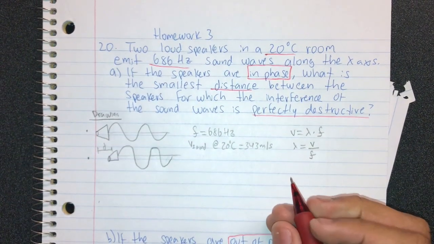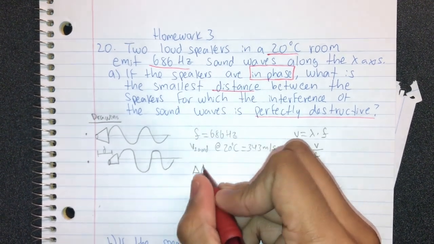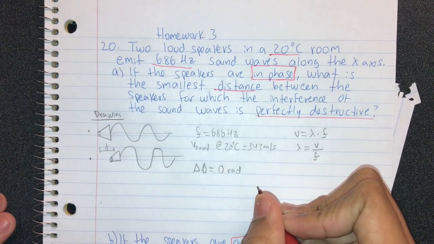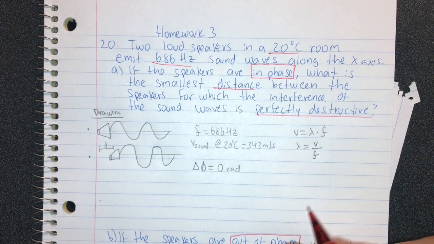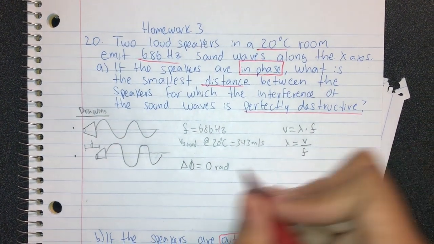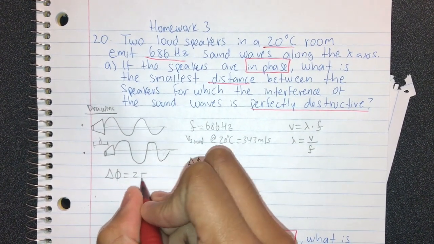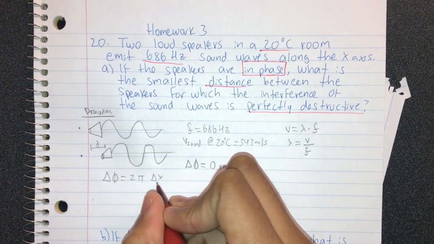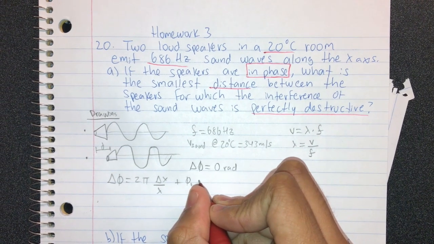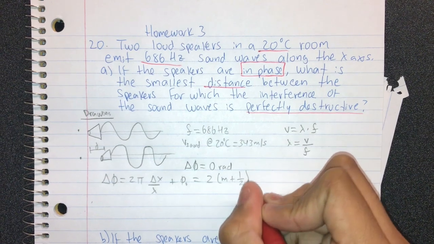So in this problem we know that the speakers are in phase, meaning that the phase difference, delta phi, can equal 0 rad. And we also know that it's a perfectly destructive interference. From this we can use the formula delta phi equals 2 pi delta x over lambda plus phi naught equals (2m plus 1) pi.